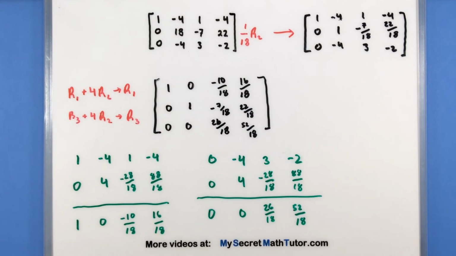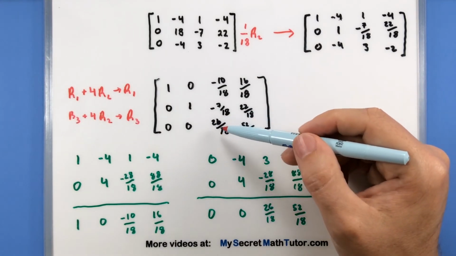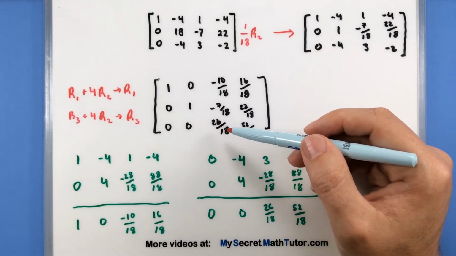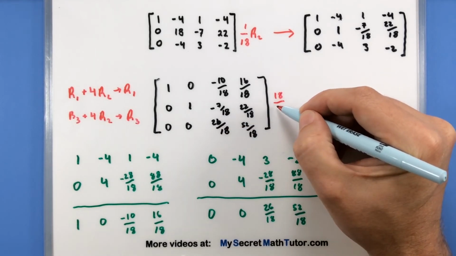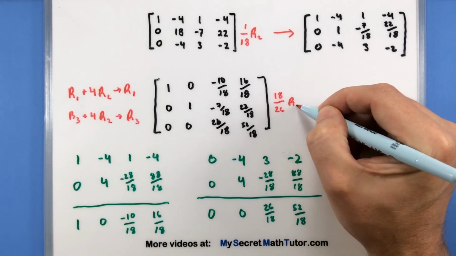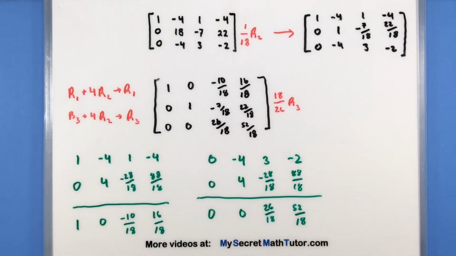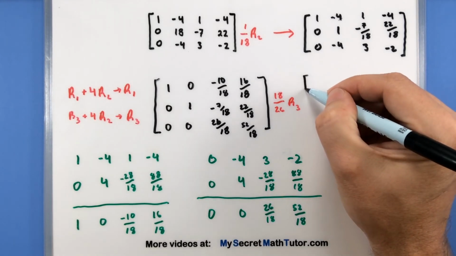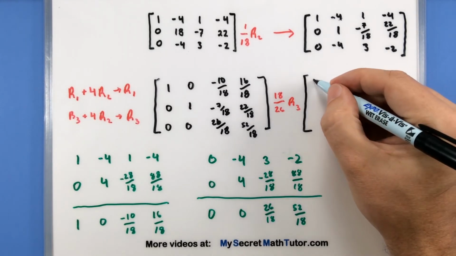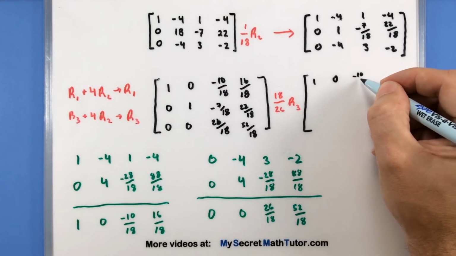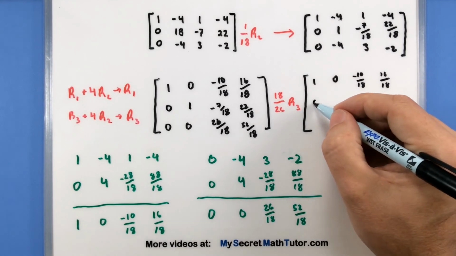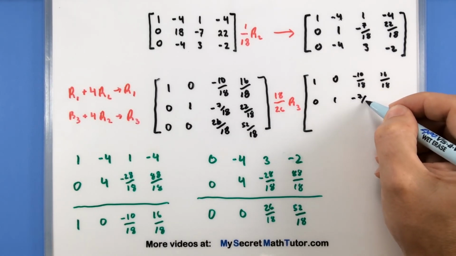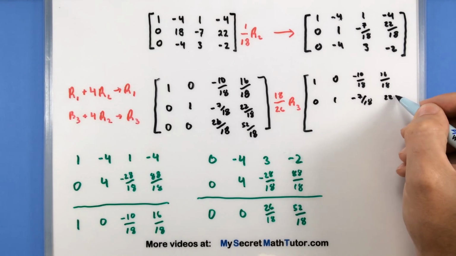It's getting better. All right, now we need a 1 in the third row, third column, so I need to multiply by something right there to do it. We're going to multiply by its reciprocal, 18/26, and we'll do that for row 3. Now we're only doing this on row 3. Everything else is going to stay exactly the same. So let's just quickly copy those down since they're not changing: 0, 1, -7/18, 22/18.